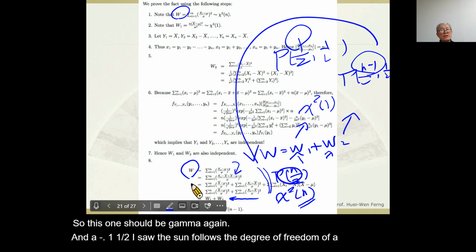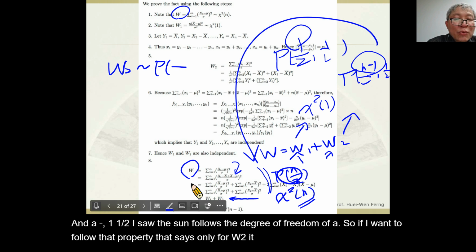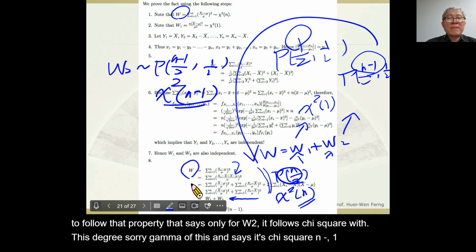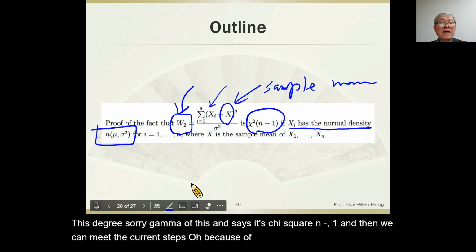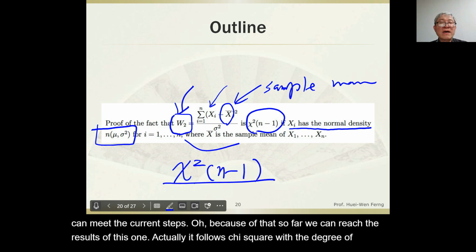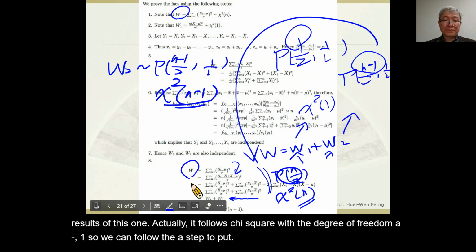So following that property, only W2 follows chi-square, gamma of this, chi-square with n minus 1, and then we can meet the current steps. Because of that, finally we can reach the result: this one follows chi-square with degree of freedom n minus 1.